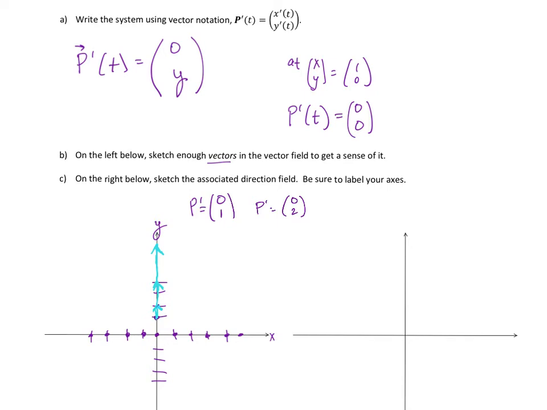Okay, let's look at 1, 1. So P prime would be 0, then the y coordinate, which is 1. So it looks like this. And then at 0, 2, it would be 0, 2, and then 0, 3. Okay, I'm starting to see what this looks like.